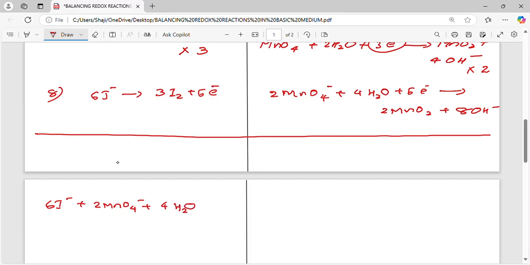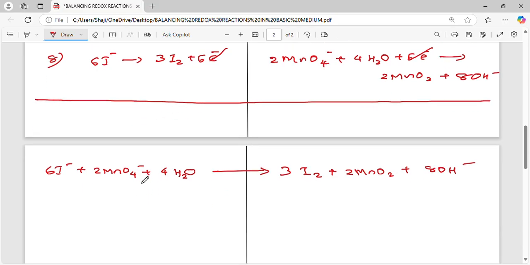And we don't need to write 6 electrons. Why? Because they will be cancelled. Which gives 3I2, I2 from the right side of the oxidation half, plus 2 MnO2 plus 8 OH minus. So this is the overall balanced equation.